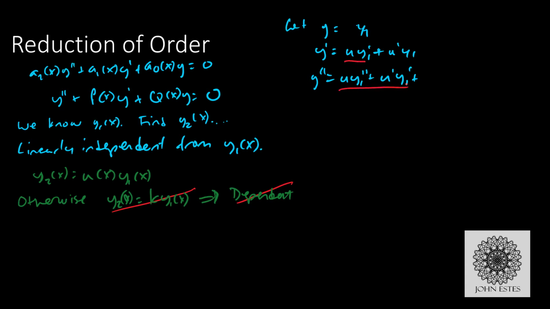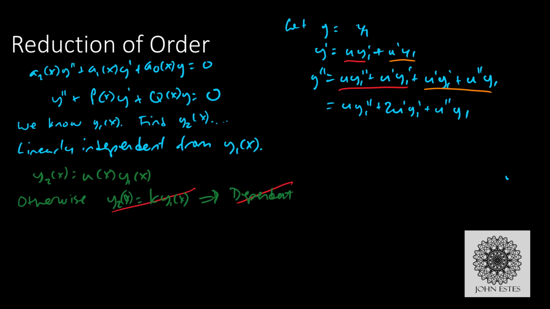Then we do the product rule again on the second expression and end up with u prime y1 prime plus u double prime y1. We can combine that together and get u y1 double prime plus 2u prime y1 prime plus u double prime y1. Okay. Great. So why does that really help us?